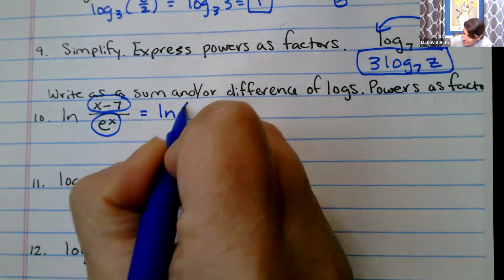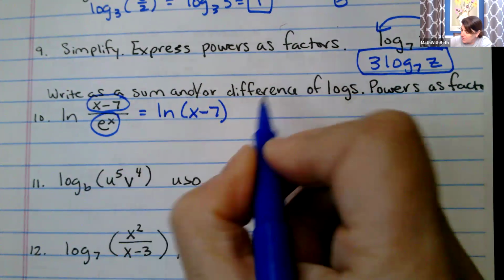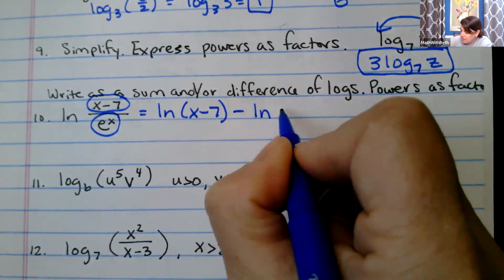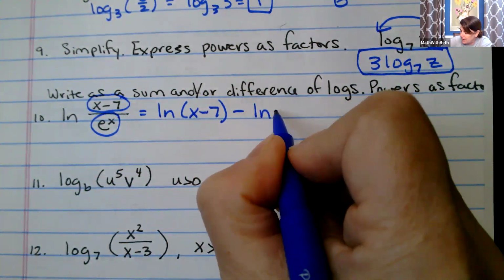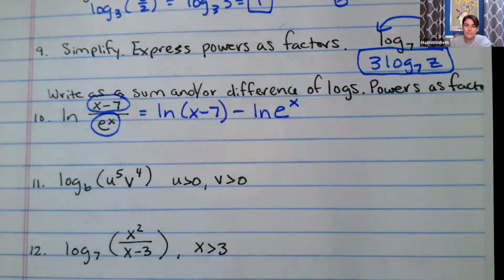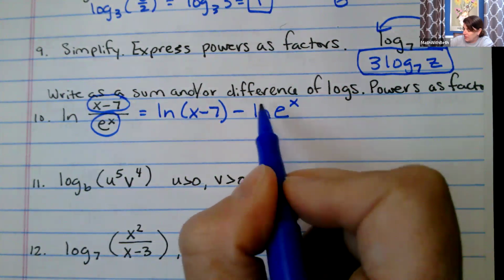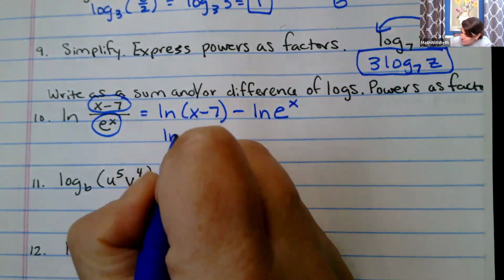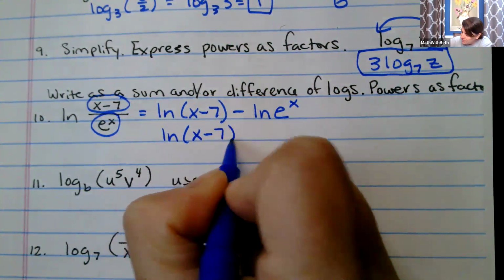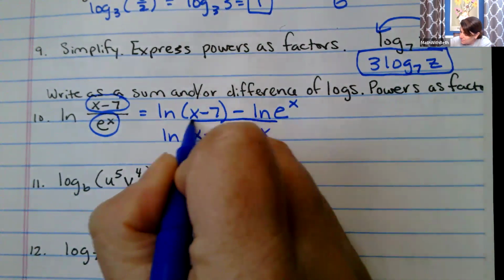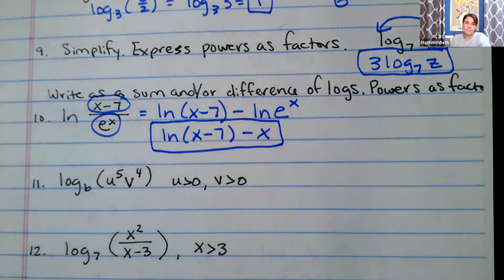So I can rewrite that using the subtraction trick, that I could separate it into subtraction. But then I can even go one step further because I see an ln e, which I know wipes out. So I can simplify this to this.